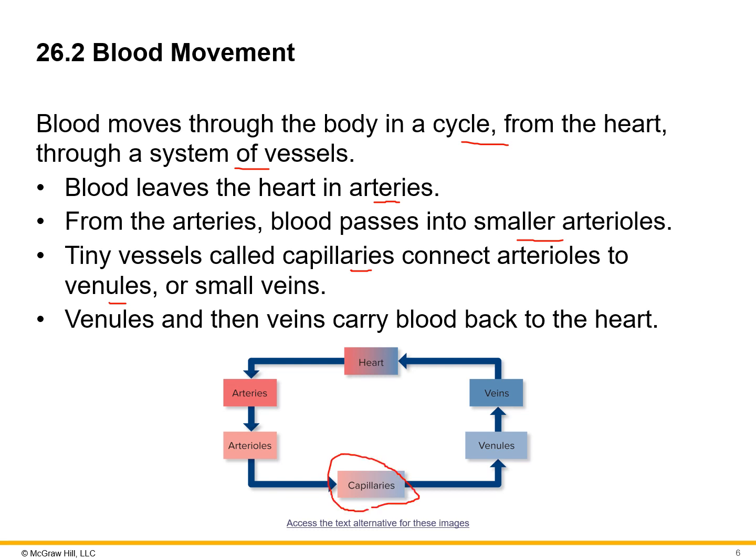So we go from the heart to the bigger vessels called arteries, then to smaller vessels called arterioles, and then into the smallest, which are the capillaries. And then that's where we switch into the veins, the smaller tubes called venules, then into larger tubes called veins, and then back to the heart. And of course, there's a color change: as the blood moves away from the heart, it is oxygenated. As it goes back toward the heart, it is deoxygenated.